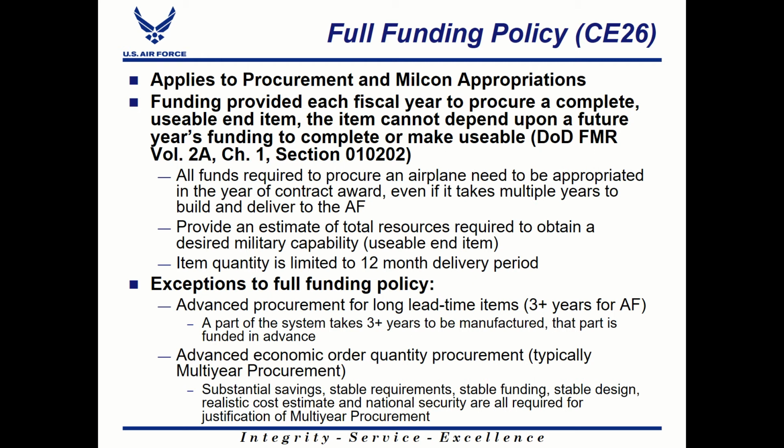You can potentially get permission to buy all 1,000 of those subcomponents up front, even though you're only going to be ordering maybe 100 missiles per year for the next 10 years. So again, there are ways to get around full funding when it is appropriate, but the justification needs to be provided up front, and eventually Congress would need to approve that you're going to meet this exception for full funding.